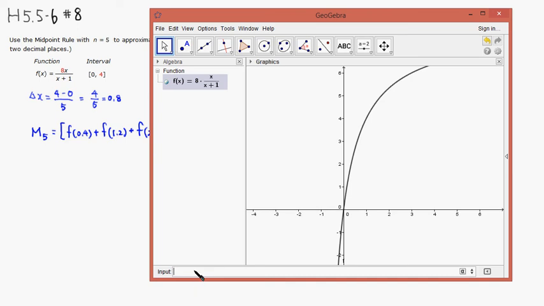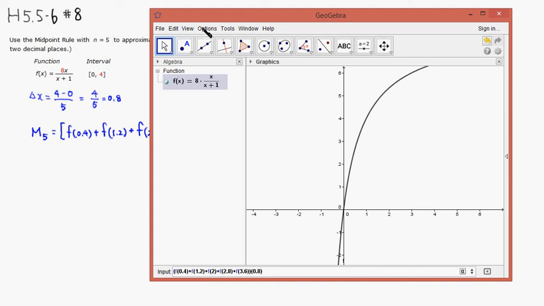Then we need to compute, so I'm going to put parentheses: f of 0.4 plus f of 1.2 plus f of 2 plus f of 2.8 plus f of 3.6, and then multiply by 0.8.